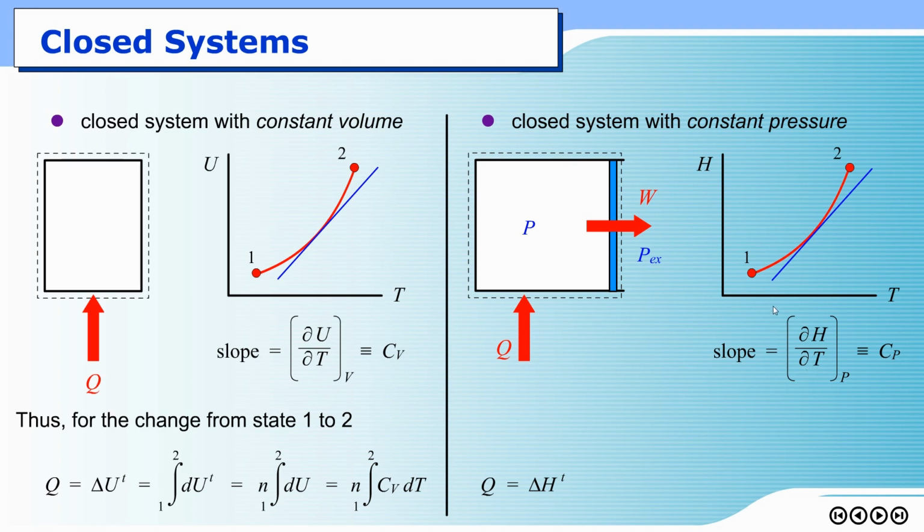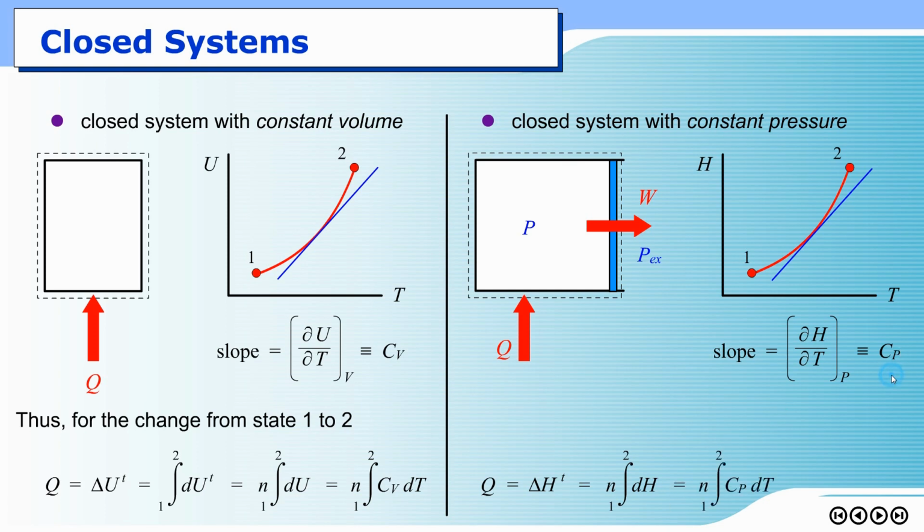So starting point is state 1, ending point is state 2, in general. The delta H can be calculated from integration of dH from 1 to 2, changing extensive properties to intensive properties. This is molar enthalpy. You take the number of moles out, and this can be drawn outside the integration because n is constant for a closed system.